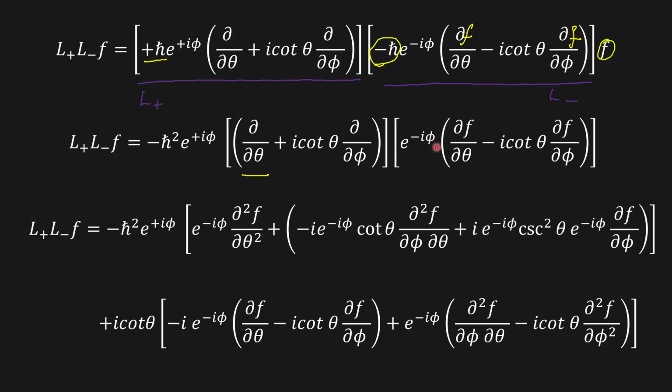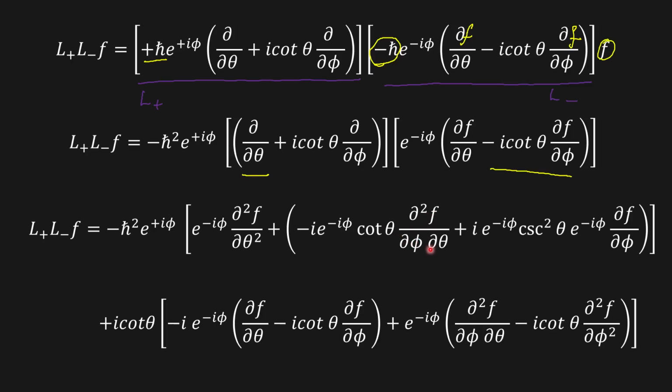Here the second term is this exponential times minus i cot theta. So you can keep minus i here. The second term is minus i, this exponential e to the power minus i phi, then cot theta. I am keeping cot theta as it is. I am differentiating the second term, del f over del phi, which will become del 2 f over del phi del theta.